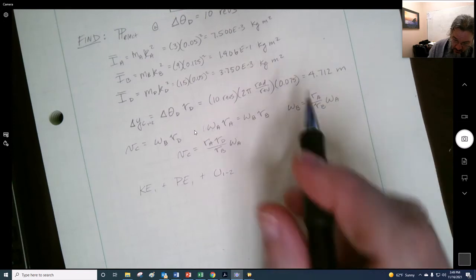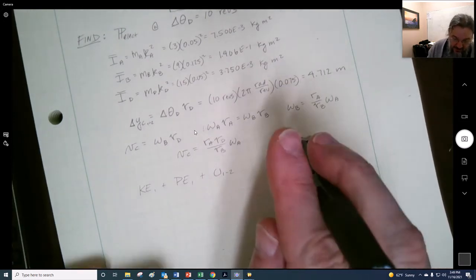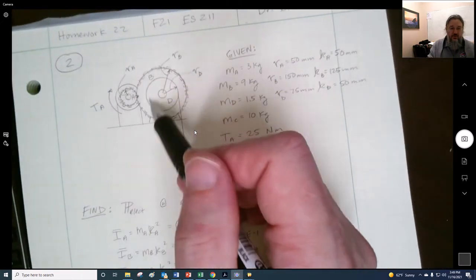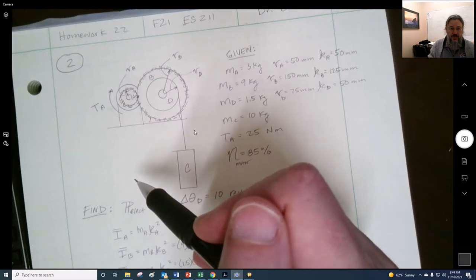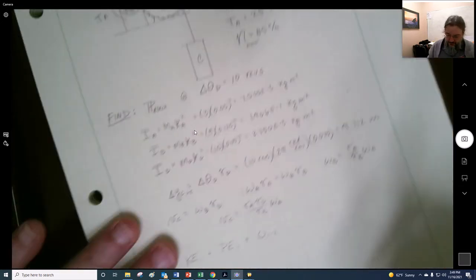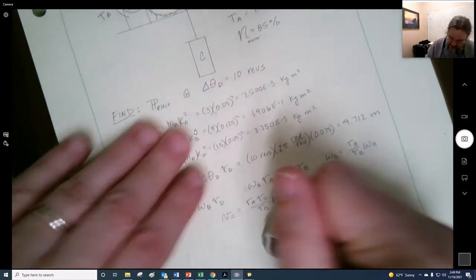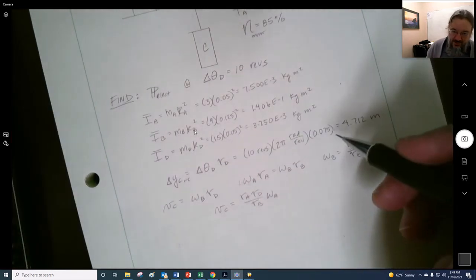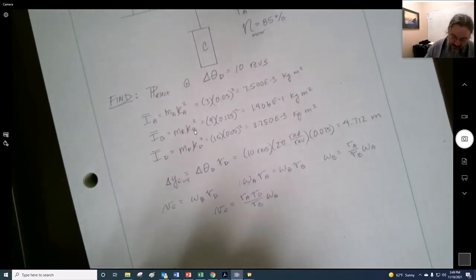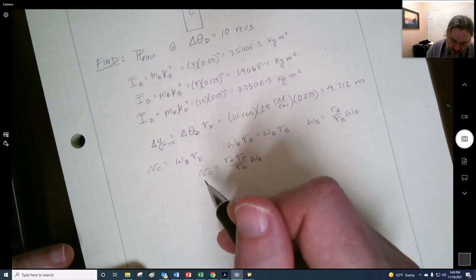We need the number of rotations of A. That's another thing I'm going to need before I go any further. I would write this over to the side on another piece of paper, but I do need it, because I have external work, I need torque times the angle that it gets turned through. So we need to relate that.